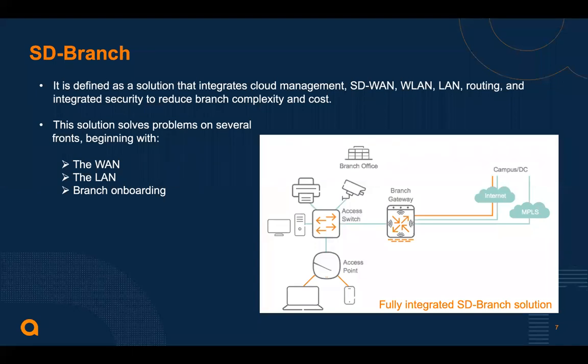So in our scenario, cloud management with Aruba would be Aruba Central, where we configure everything. We, as in the admin, would be configuring, and at the branch office, even a non-technical person should be able to bring up these devices with our solutions for OTP, or one-touch provisioning, or zero-touch provisioning. So this basically solves most of the issues related to WAN, LAN, and branch onboarding.